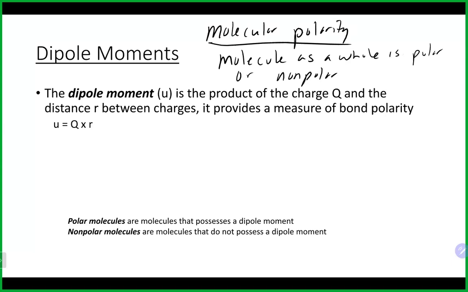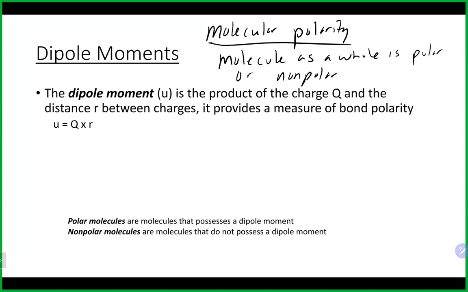So earlier in this chapter, we talked about bond polarity, where we use the difference in electronegativity values to indicate whether or not that bond is polar, which means the electrons are not shared equally, or if it is nonpolar, which means the electrons are shared equally.